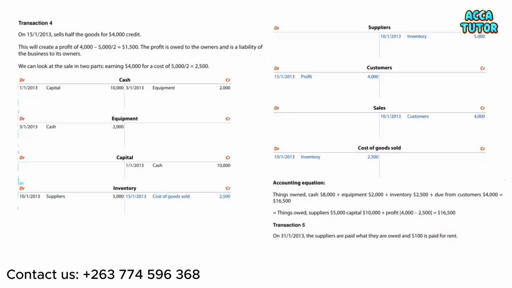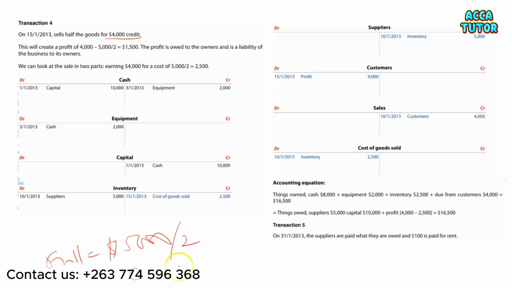Transaction 4 on 15 January 2018. The business sells half of the goods for 4,000 credit. So if half of the goods were sold for 4,000, remember the goods were bought for how much? 5,000. The full goods were bought for 5,000. But now we sold half of these. We sold them.